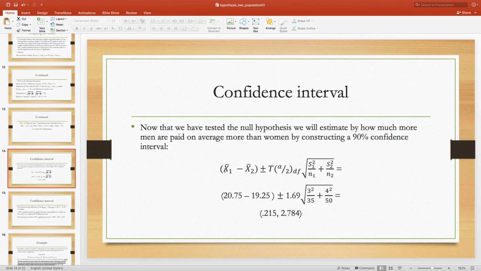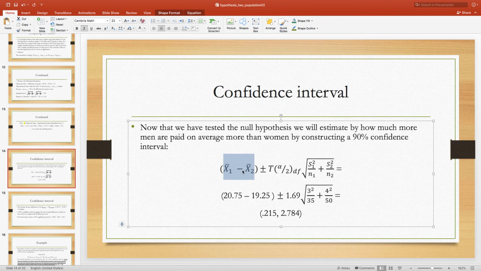A confidence interval says subtract the two sample averages, so that's the sample difference, plus or minus this t-distribution value, and alpha is 10% because I have a 1 minus alpha, which is 90%, so alpha needs to be 10. Alpha over 2 is 5%. And I have 34 degrees of freedom. I multiply by the standard error. So I get 1.69 times the standard error.